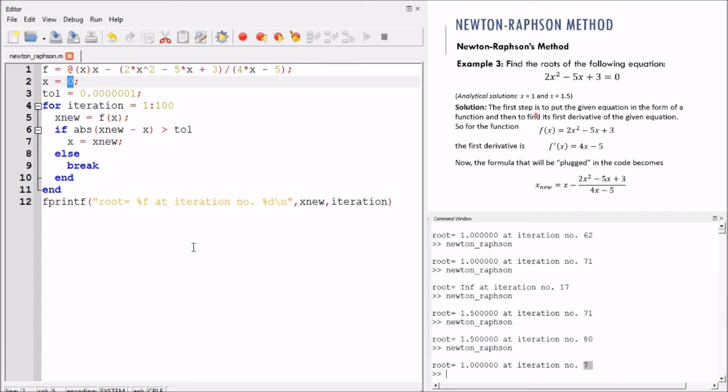Let's try to change the initial guess from 0 to 1.2, for example, and see the result. So 1.2 gave us the same solution at 7 iterations. Now let's try, for example, 1.4. 1.4 gave us the second root at 5 iterations.